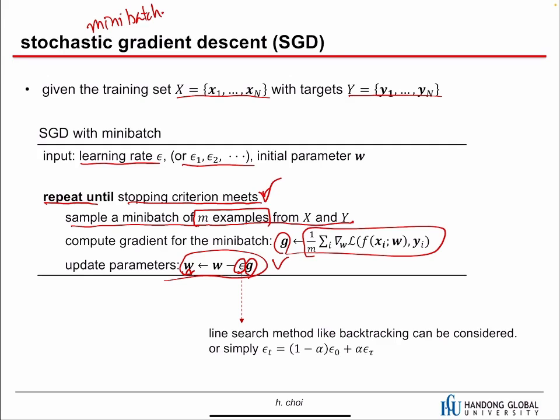The second one is quite similar, and we check the gradient. This one is the amount of update. When the norm of epsilon times the gradient converges to 0, it means we cannot update the parameter that much. Then we can say that when we update, the parameter is not changing with this update rule.